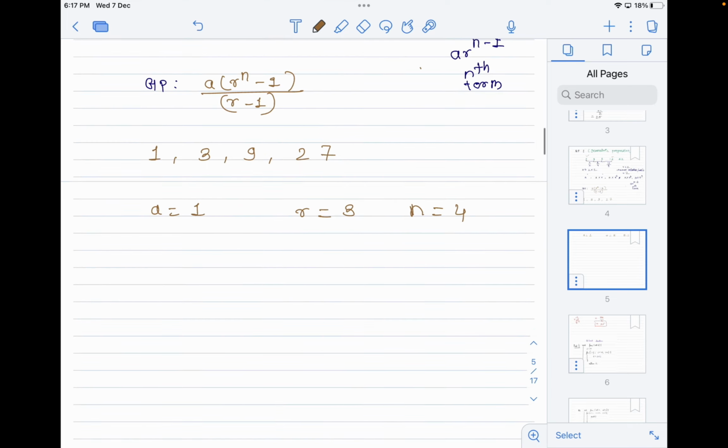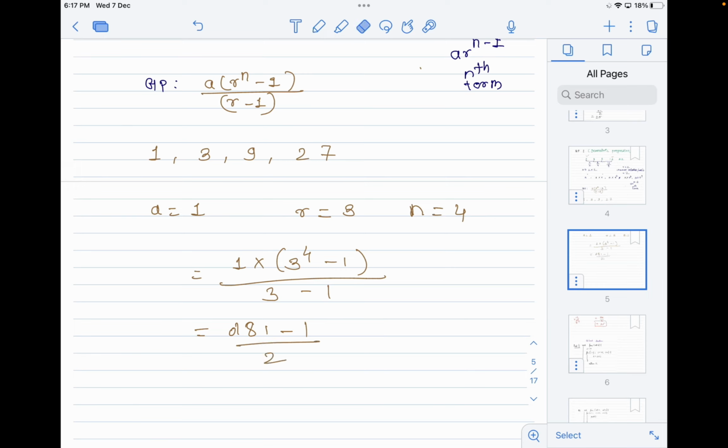Let's put these into the formula: a is 1 into r is 3 raised to 4 minus 1, divided by, sorry, r minus 1, so 3 minus 1. The ratio is 3. So it is 81 minus 1, divided by 2.